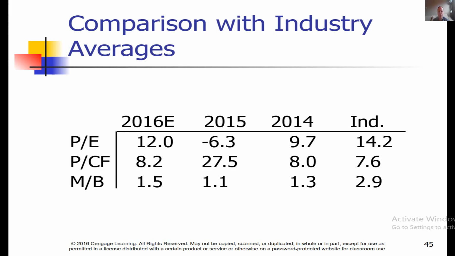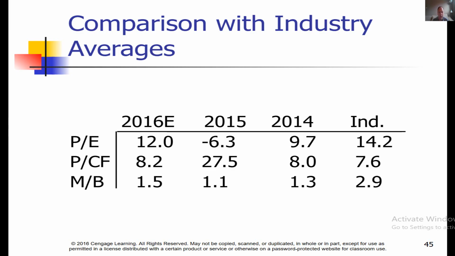Once again, we can compare our company with the industry average. It was okay in 2014, but not great. It got really bad in 2015 and improved in 2016. In 2016, the price-to-earnings ratio is still below the industry average. Where they have done well is the price-to-cash flow, which has always been above the industry average, particularly in 2015.